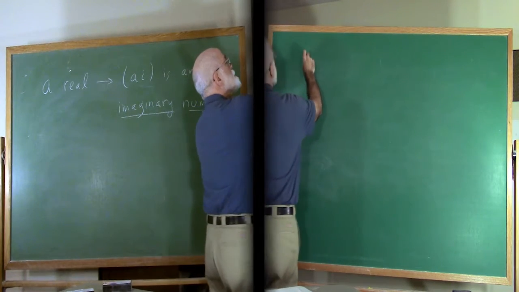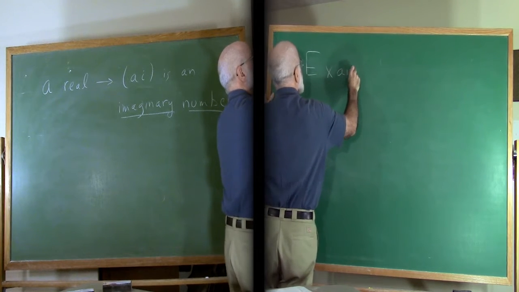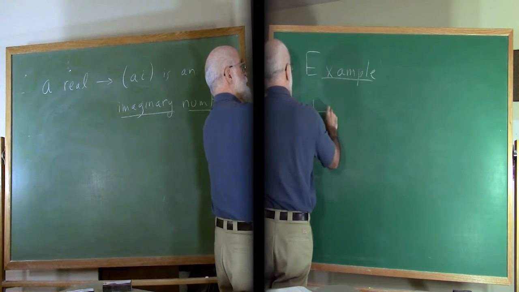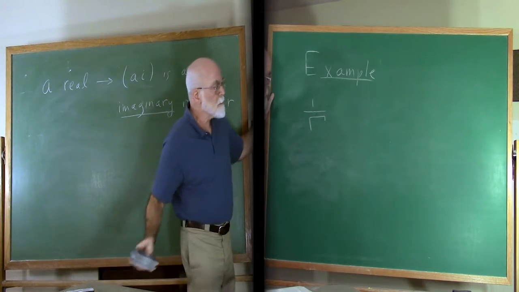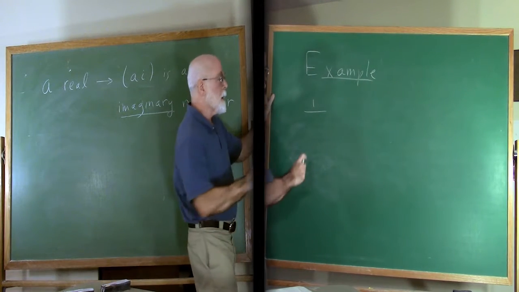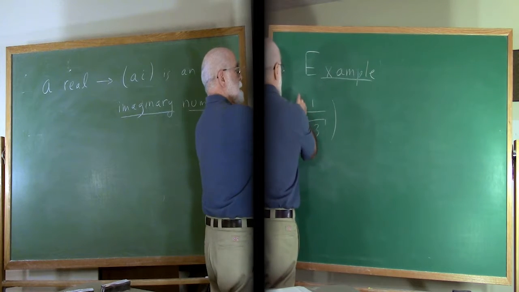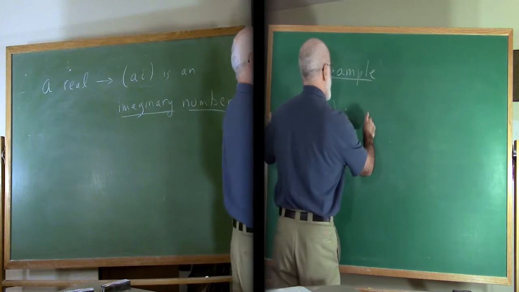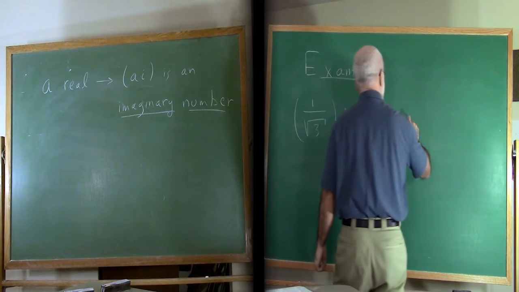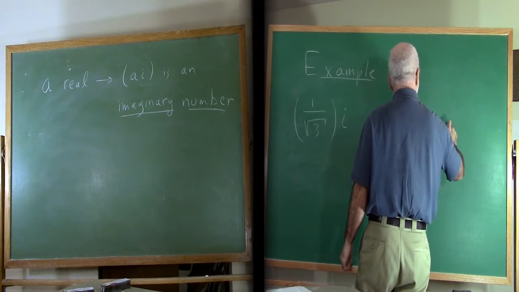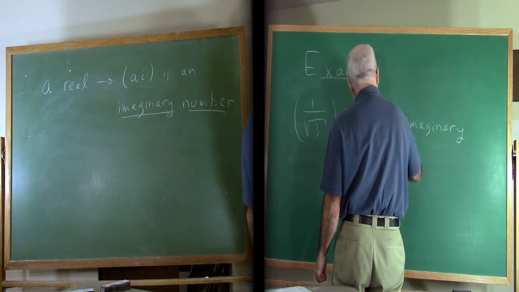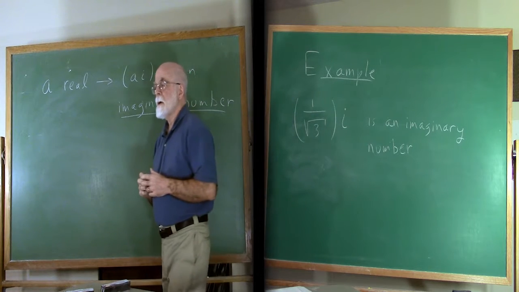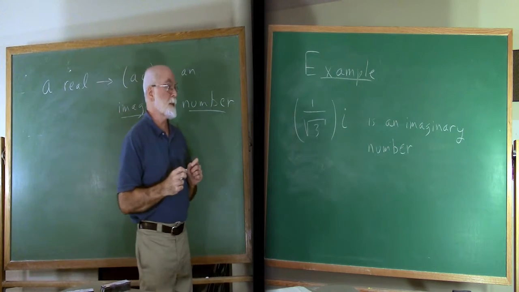For example, one over square root of 3 times I. That's an example of an imaginary number. Watch what happens when we square this number.